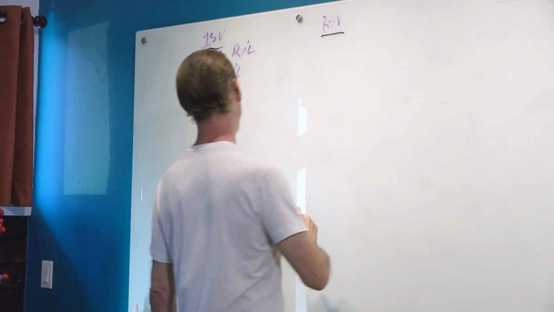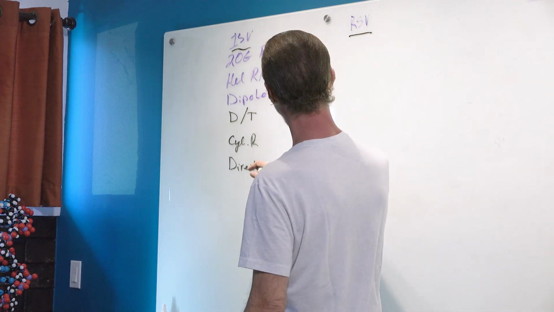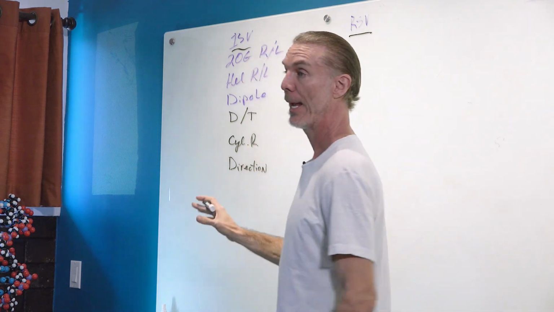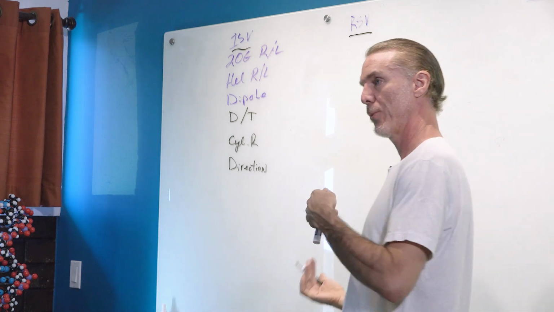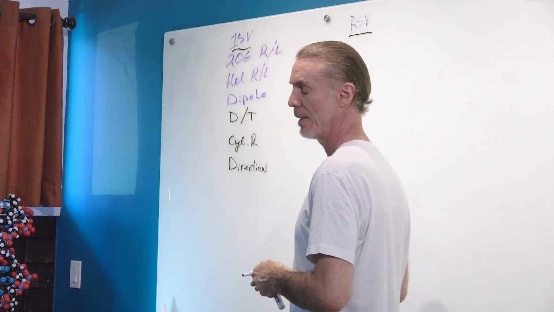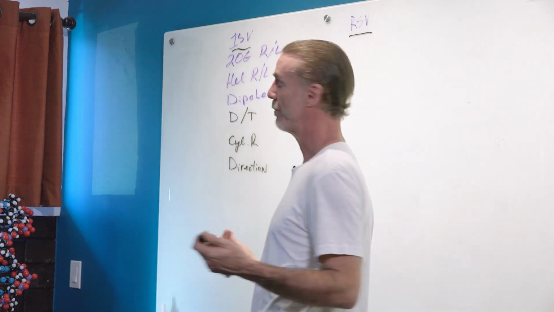So the direction is not an angle other than being an angle in the symmetry of the QSN. So it is an angle relative to the coordinates, if you will, of the QSN.